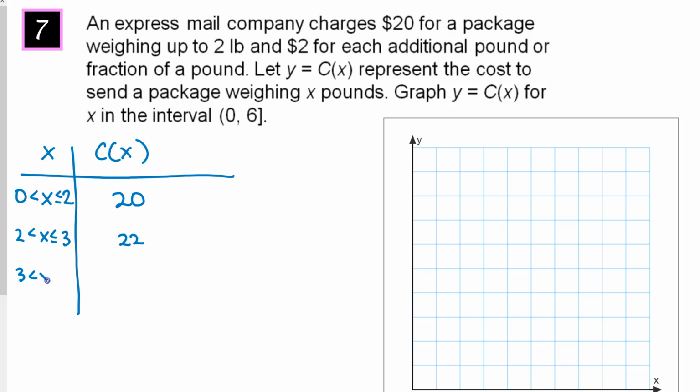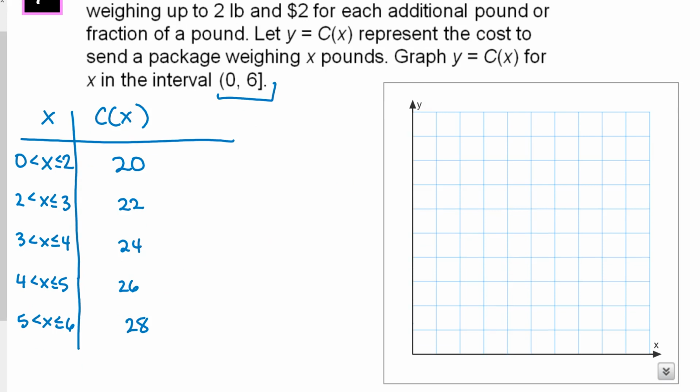Between 3 pounds and 4 pounds, another $2. And we're going to keep going until we get to 6 because it says 0 to 6. So between 4 pounds and 5 pounds, $26, and between 5 pounds and 6 pounds, $28. So now we just have to graph.